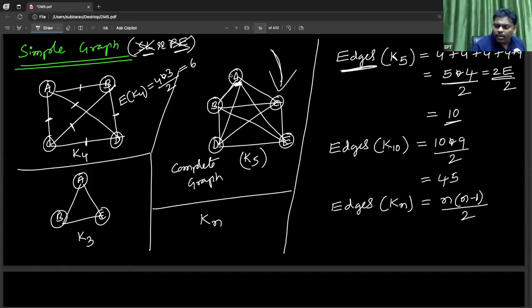Adding one creates a parallel edge, since between these two people an edge already exists. Where will you keep one more? If you keep one more, it is no longer a simple graph. It will become a multigraph.